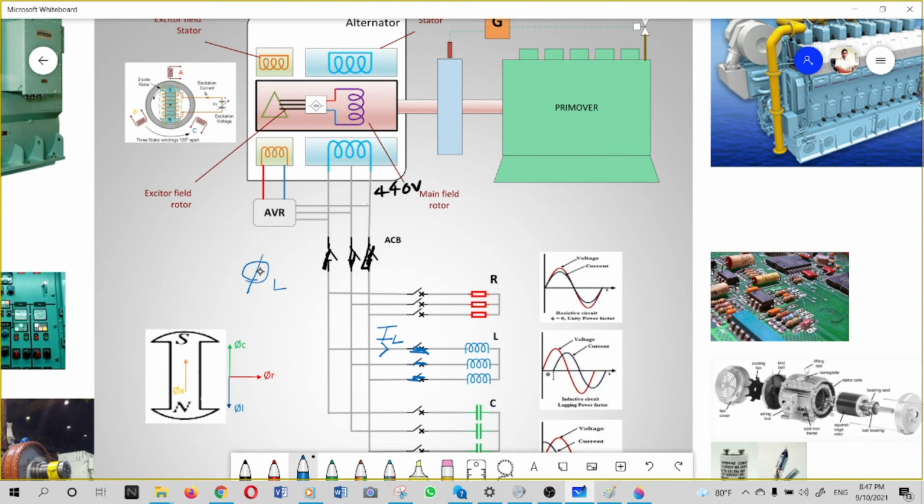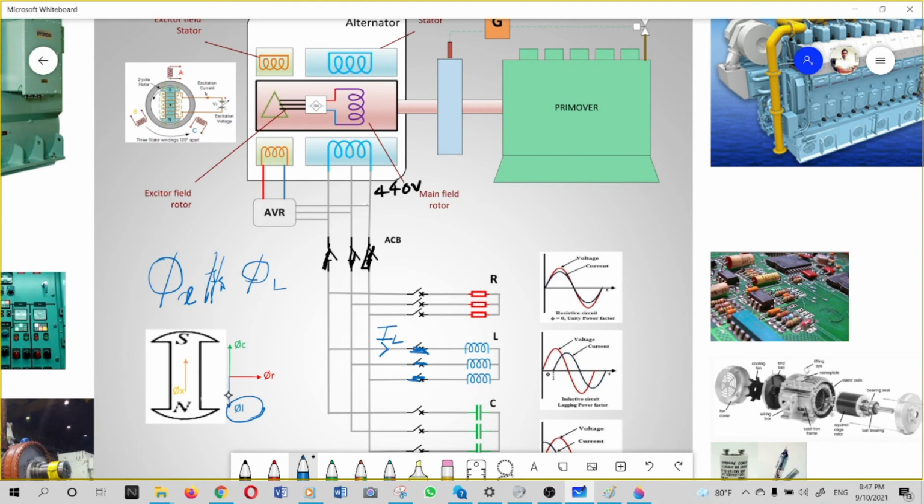That means this new flux, a new magnetic field generated, will be parallel and opposed to the initial flux. That is phi L. This one is parallel but in the opposite direction.